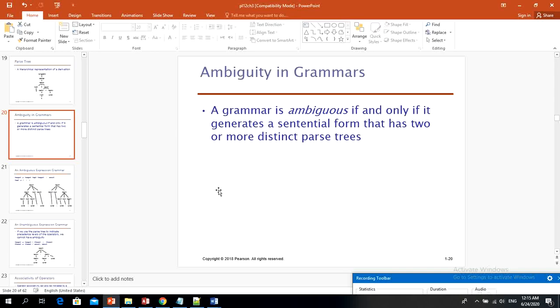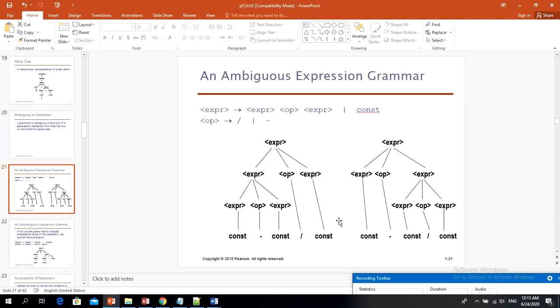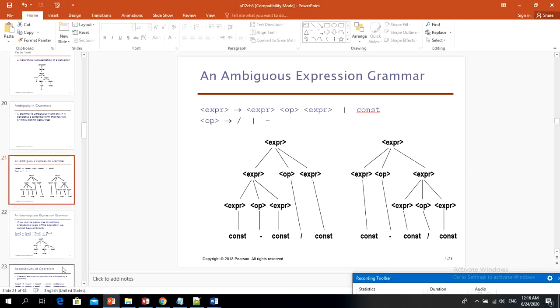So the same rule generates these distinct parse trees, because I could work it differently and come out with the same result as in this example. So this is what we call an ambiguous expression grammar.